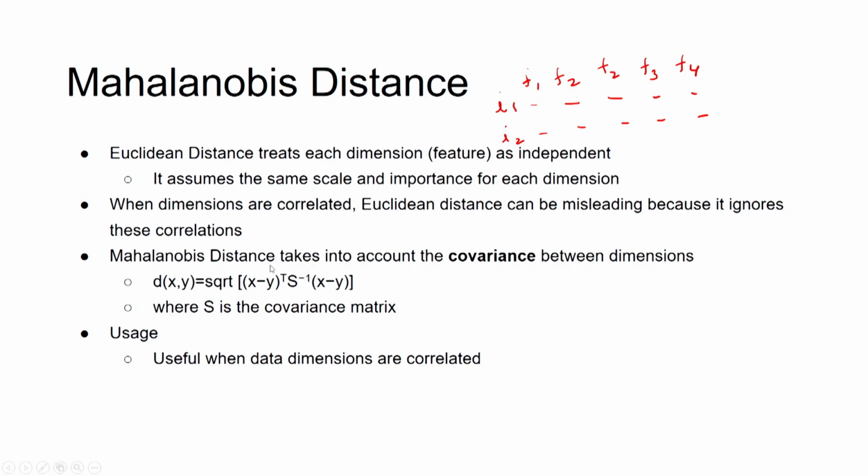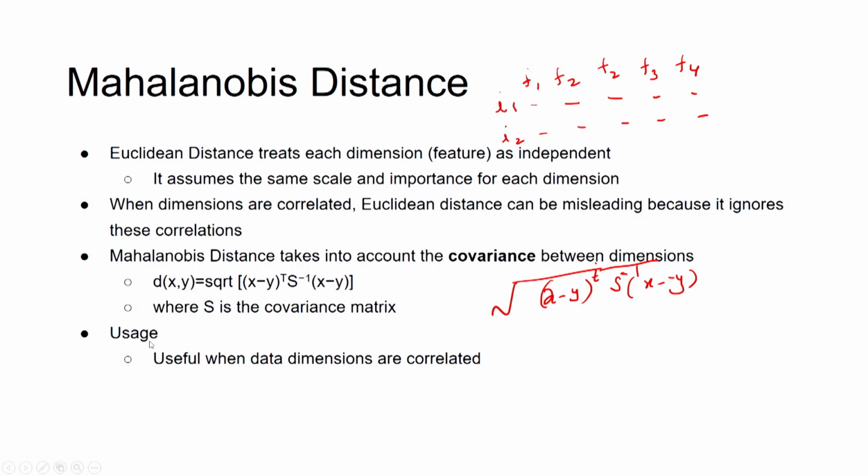Here your distance takes into account the covariance between these dimensions. If this covariance is high, your Euclidean distance may not give you the correct result, but Mahalanobis distance will give you the correct value, and it is defined like this: the square root of (x minus y) transpose S inverse (x minus y), where S is nothing but the covariance matrix and x and y are two different instances.